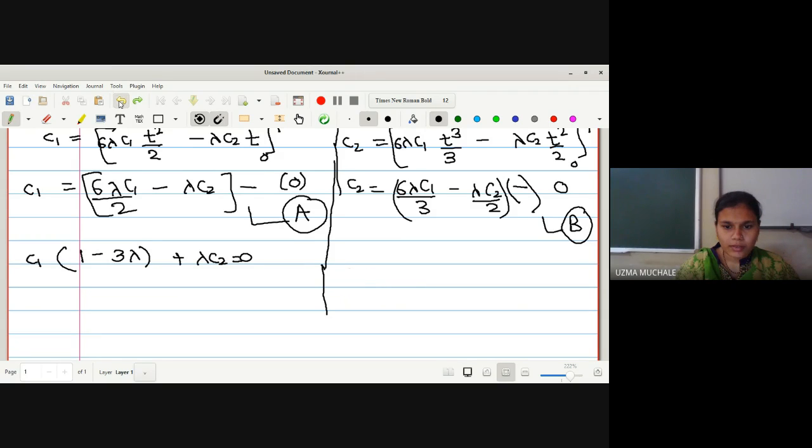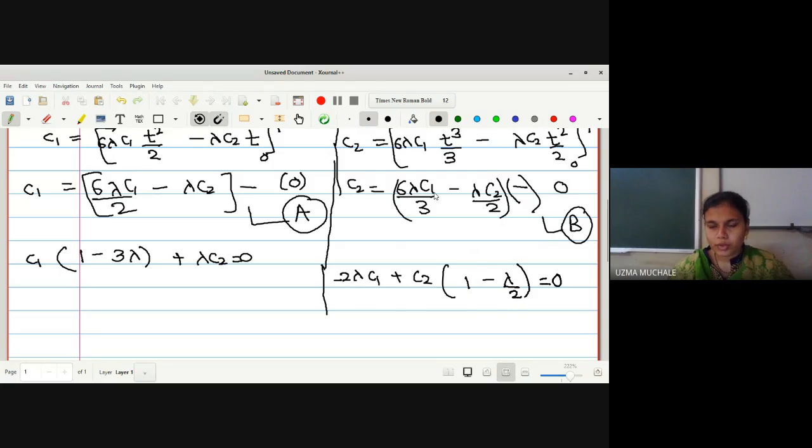You have to take the value of C1. So it is 2 lambda C1 with negative sign, plus C2 if I take common, it will be 1 minus lambda upon 2 is equal to 0.